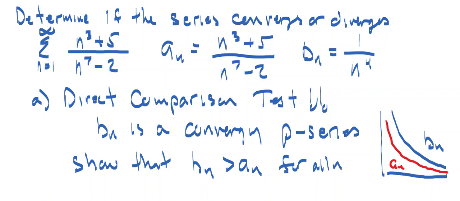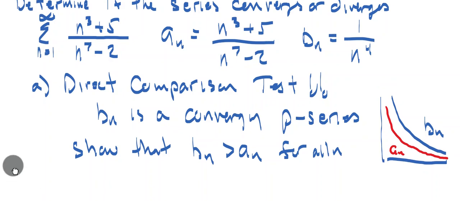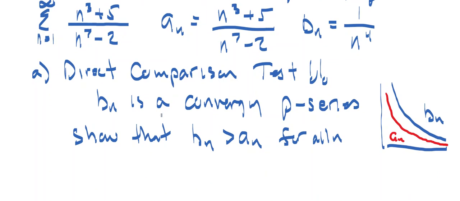So what we have to do is show that b sub n is greater than a sub n for all values of n. So to do that, let's take our b sub n, which is 1 over n to the 4th, and say that it has to be greater than n cubed plus 5 over n to the 7th minus 2.